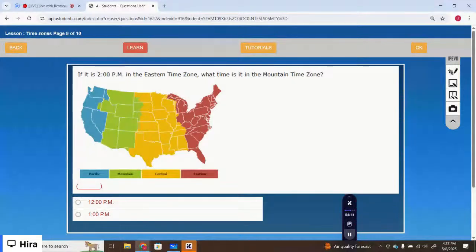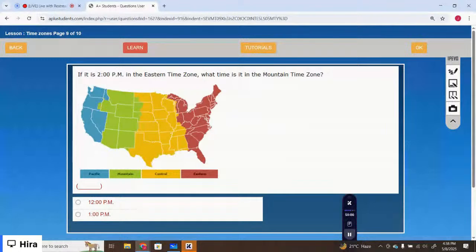If it is 2 p.m. in the eastern time zone, what time is it in the mountain time zone? 2 p.m. in Eastern, we have to go to mountain zone.